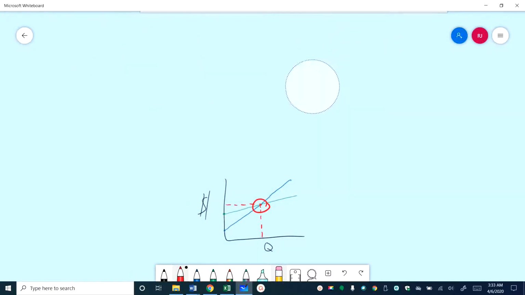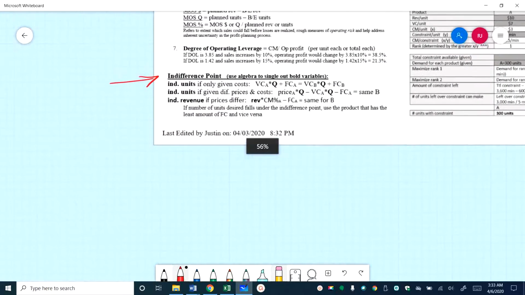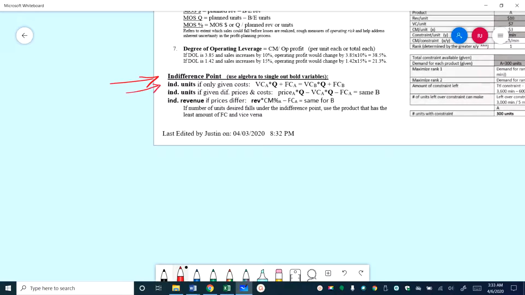So the equations are relatively simple, and they're just kind of simple algebra that you have to solve for. So for indifference, if it asks you how many units is the indifference point, if you're only given costs, you simply need to write down this equation and solve for the underlying variable.